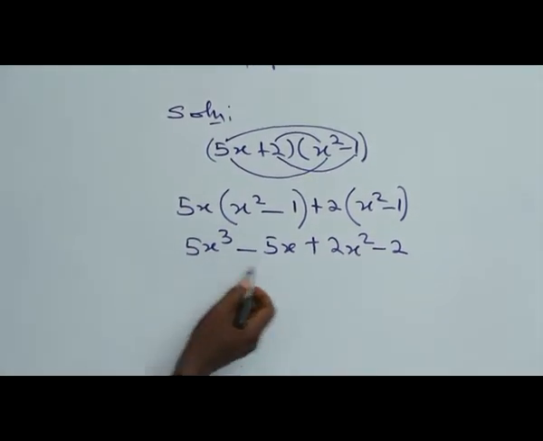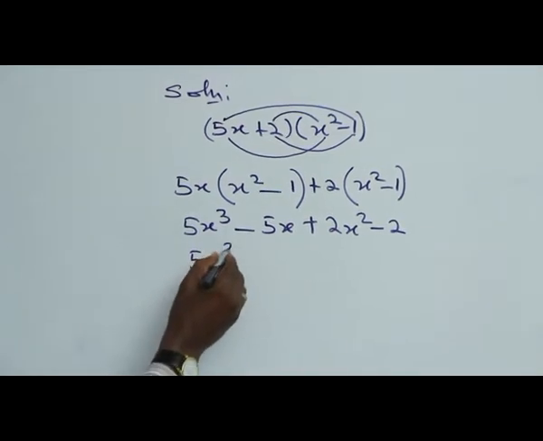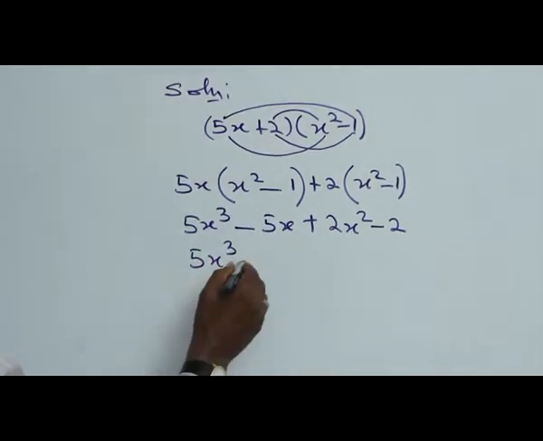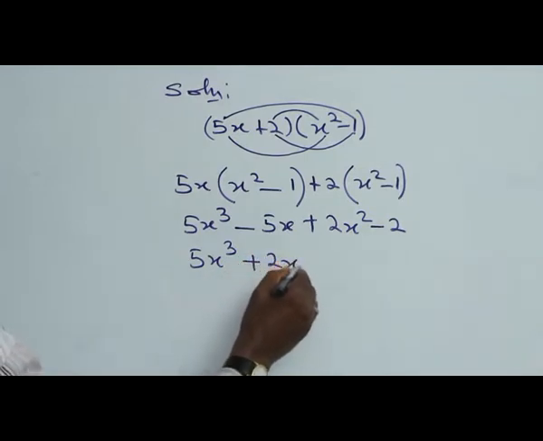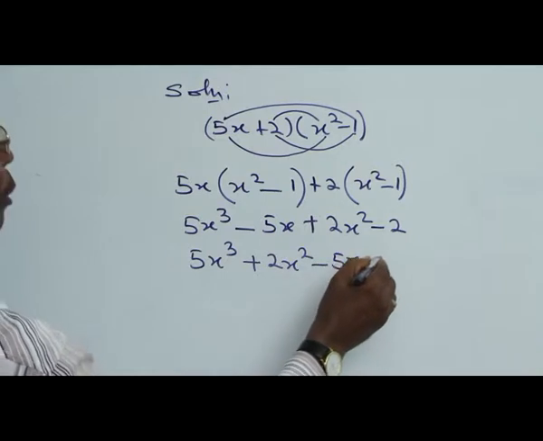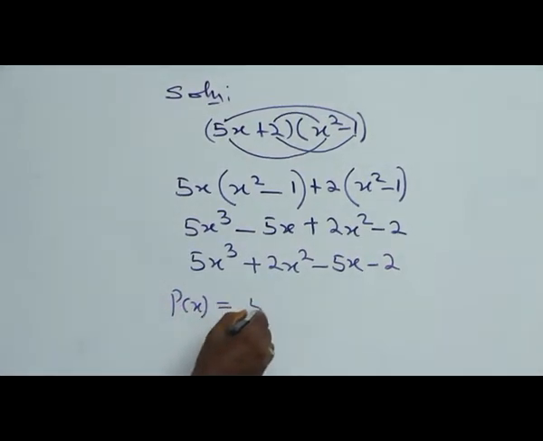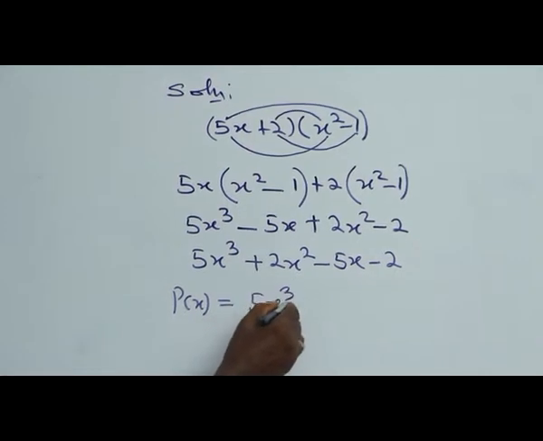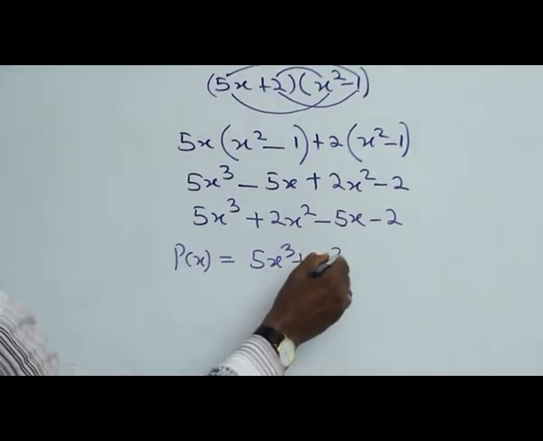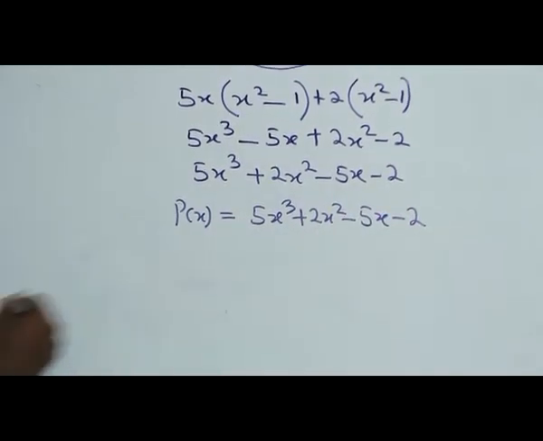So at the end, we have, in simplification, 5s cubed plus 2s squared minus 5s minus 2. So the product of this polynomial p of s will be equal to 5s cubed plus 2s squared minus 5s minus 2.